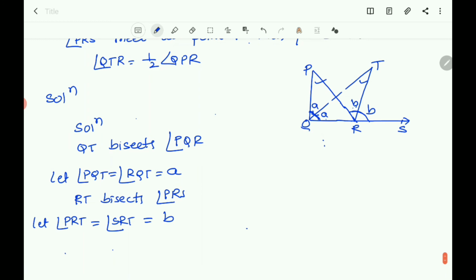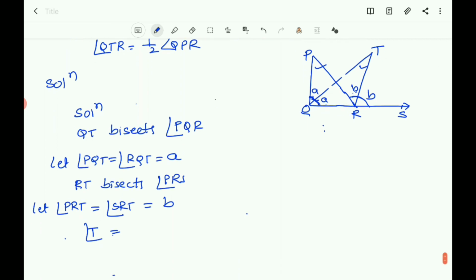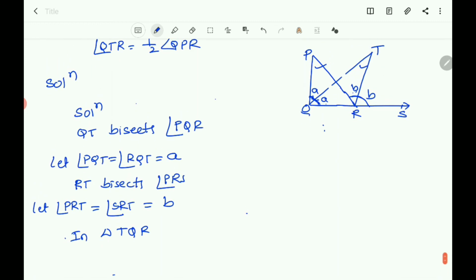In triangle TQR, you know that TRS is an exterior angle.